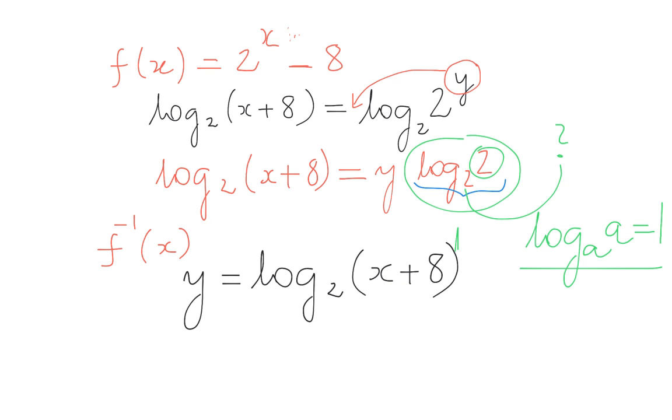Just want you to think a little bit about it. If I think about f of x, it is a function which was shifted 8 units down. Its inverse is a logarithmic function, log base 2 of x, but that's the original function that was shifted 8 units to the left. Okay, a little bit of thinking about it, but that's just a very different question to any question that you looked at last year.